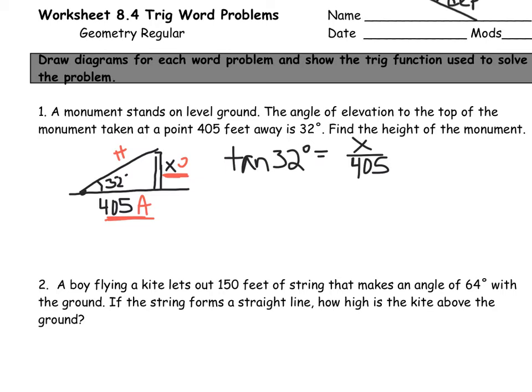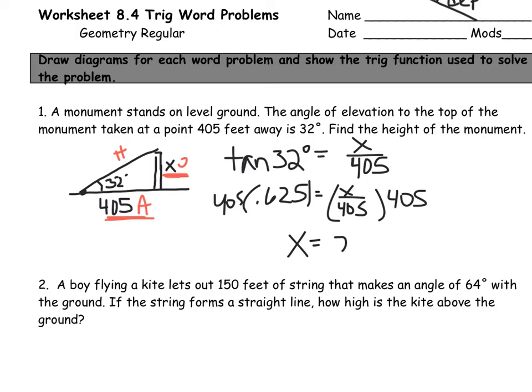Tangent of 32, and then we will multiply by 405 on both sides. So x equals 253.1 feet.